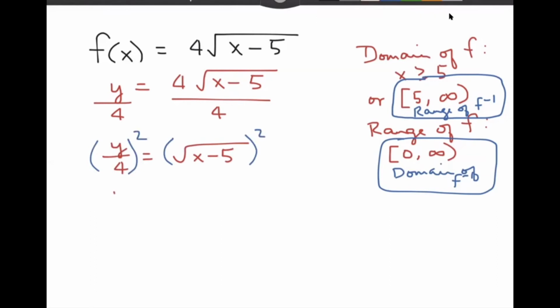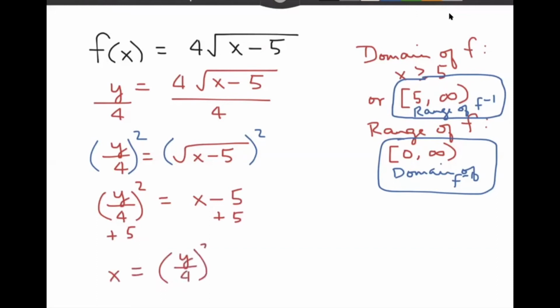And that's going to give me y over 4 squared equals x minus 5. And then finally add 5 to both sides and you get x equals y over 4 squared plus 5.